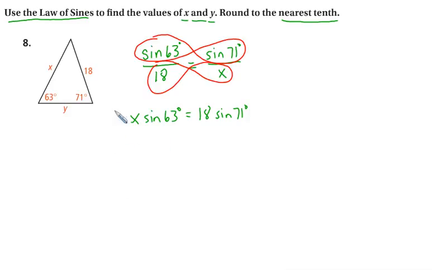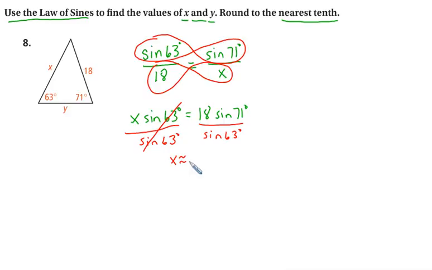Now, to get x by itself, I'm going to divide both sides by sine of 63. These will divide out, and I'm left with x equals 18 sine of 71 divided by sine of 63. So we're going to put it in our calculator and round that off to the nearest tenth.